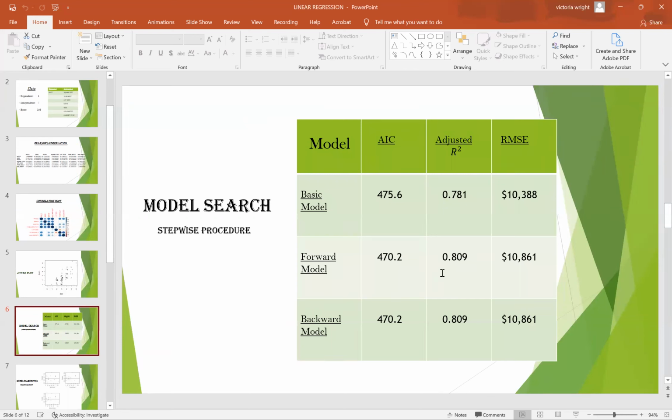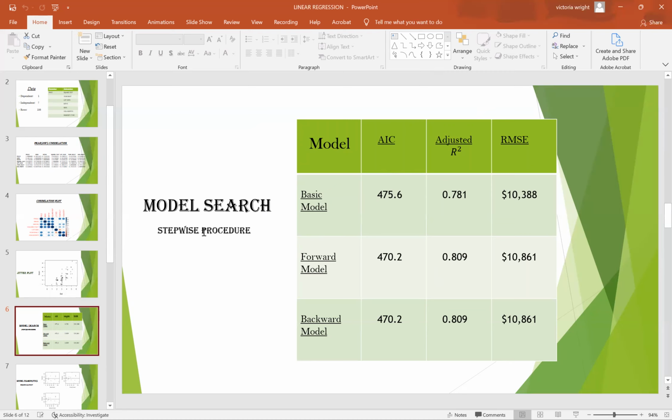After I got my data set summary, I use model search to approach a good model to predict the price. And you see the stepwise procedure.